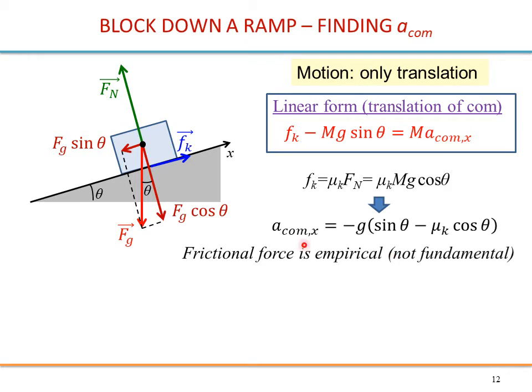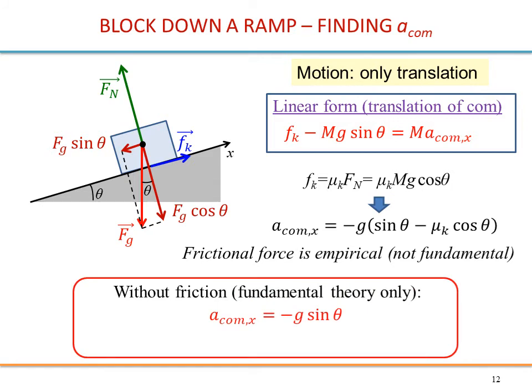Of course the friction comes from fundamental forces, but it is very complicated, so F is in fact an empirical force in order to take into account all the friction taking place between this block and this incline. So let's say there is no friction, so we have only fundamental forces and theory in this expression here.